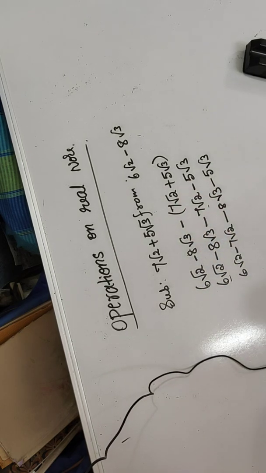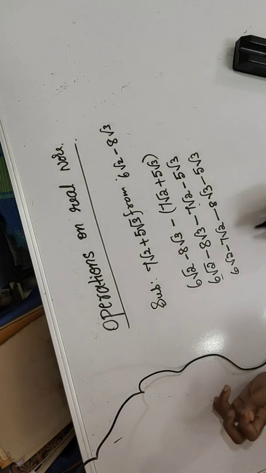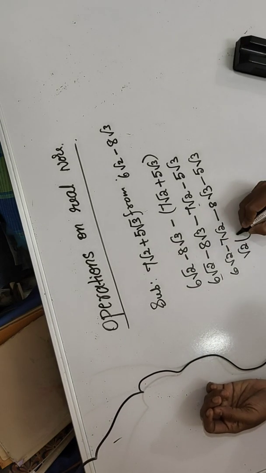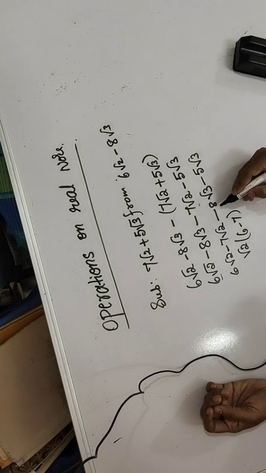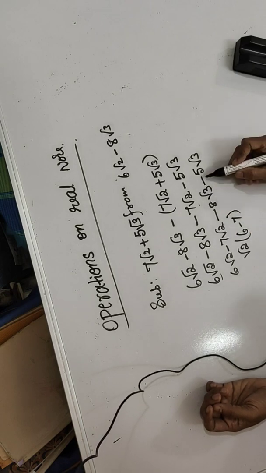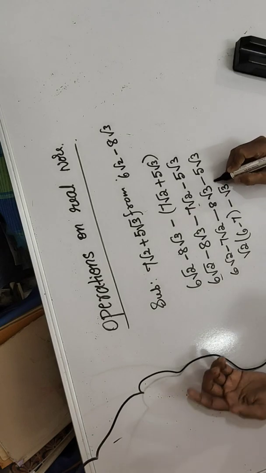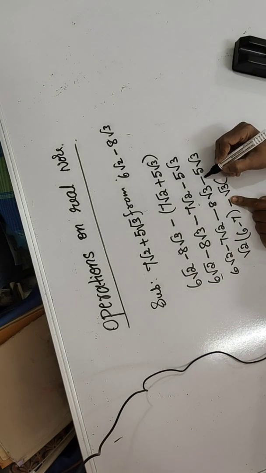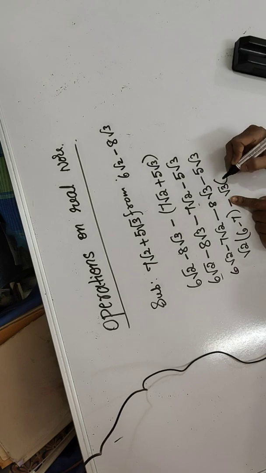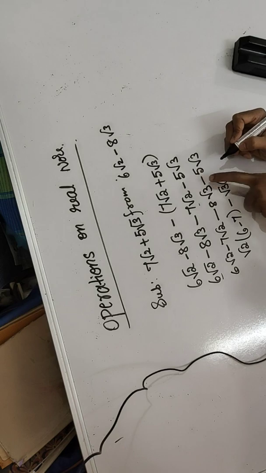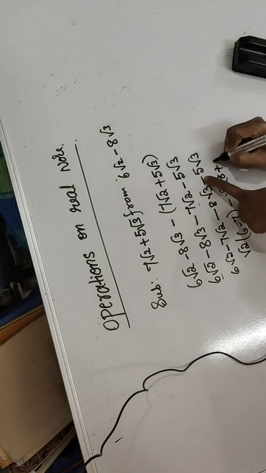Now just observe here, root 2 is common, you can take out root 2, remaining is 6 minus 7. Here root 3 and even the negative sign is same. So take minus out and root 3. When you are taking minus out here, automatically the next sign becomes opposite of that. This becomes 8, because minus is out, so it becomes plus here and 5.